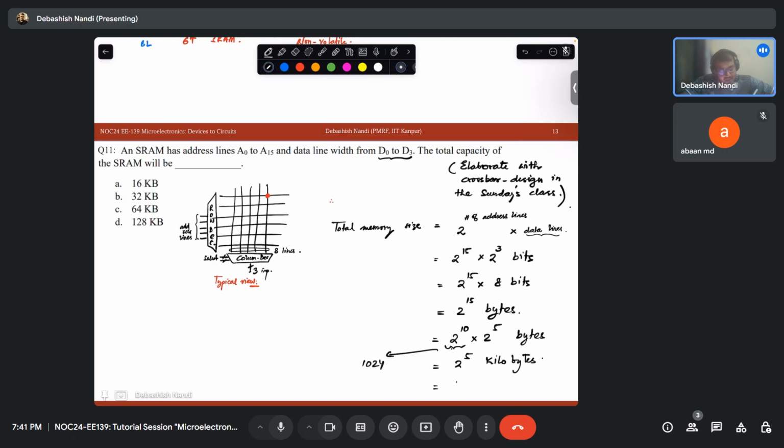So 2 raised to 5 is 32 kilobytes. Note the capital B. So that is how you calculate the memory capacity of an SRAM array. I will explain in detail in the next class how an SRAM works, so please tune in for that. Aban, you had a question.